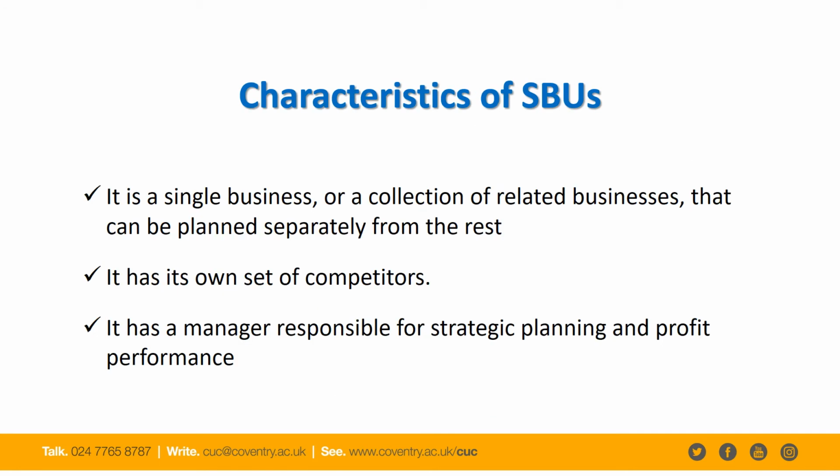Characteristics of a strategic business unit include: it is a single business or a collection of related businesses that can be planned separately from the rest. It has its own competitors, and it has a manager responsible for strategic planning and profit performance.